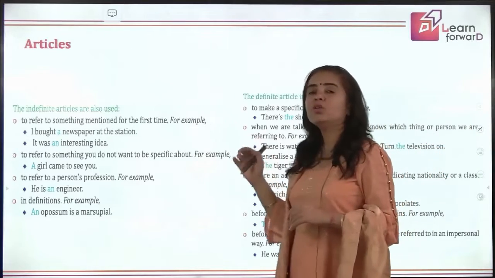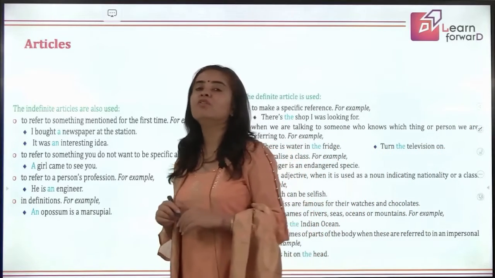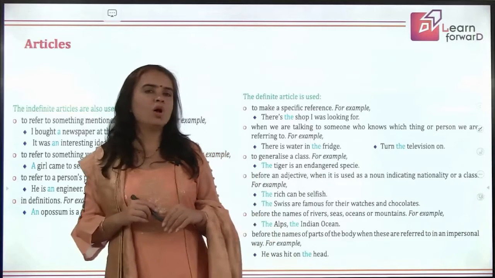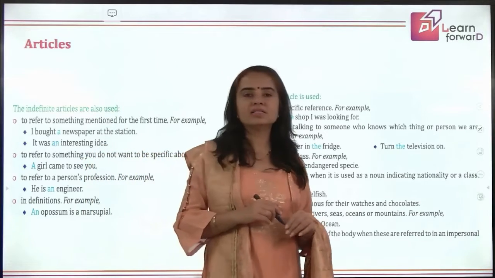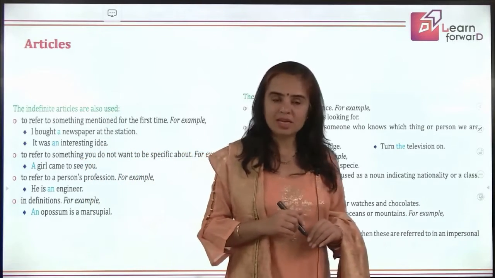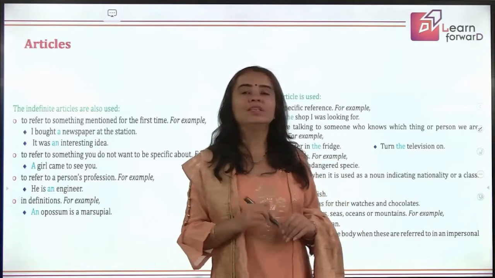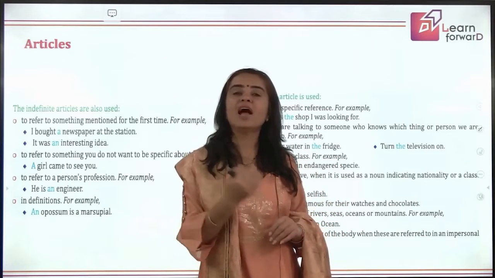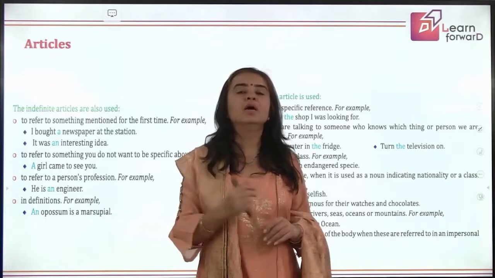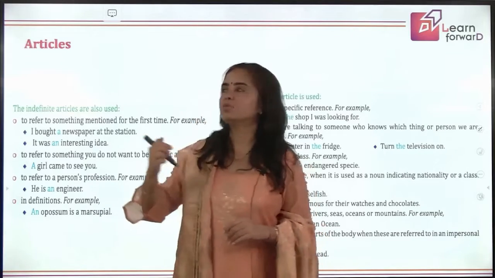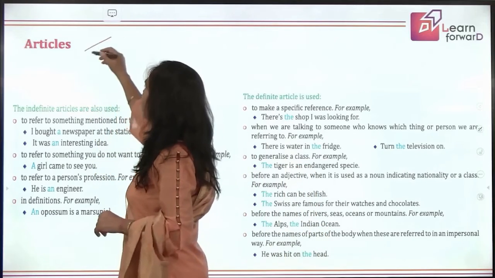So coming to the first type of determiner, we have articles. You know how many types of articles there are? 3? No, 3 are not the types. We have 3 articles, but there are just 2 types of articles. What are those 2 types?